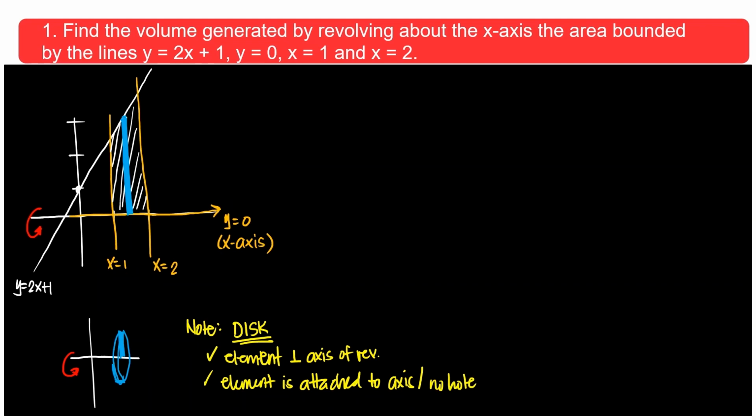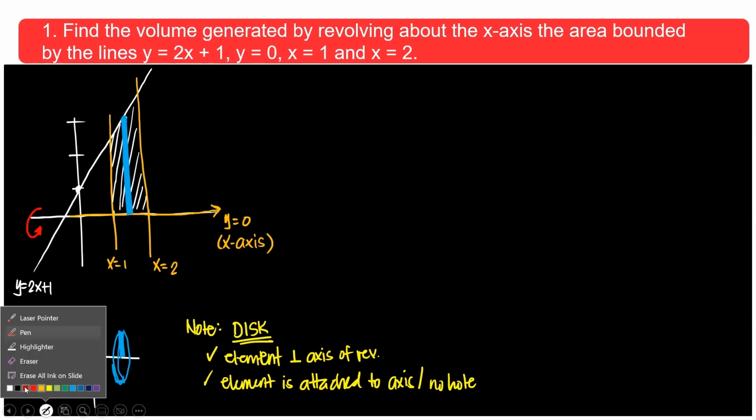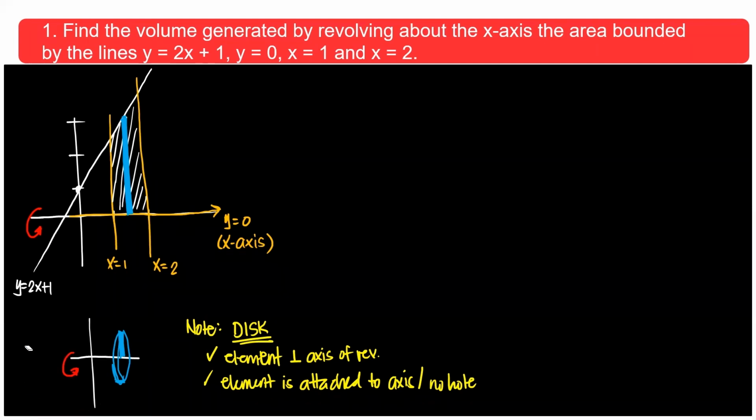So if you want to imagine how it looks like, can you imagine this, guys? When you rotate that, it forms sort of like a bowl with a flat top, or part of a cone. I'll erase this.